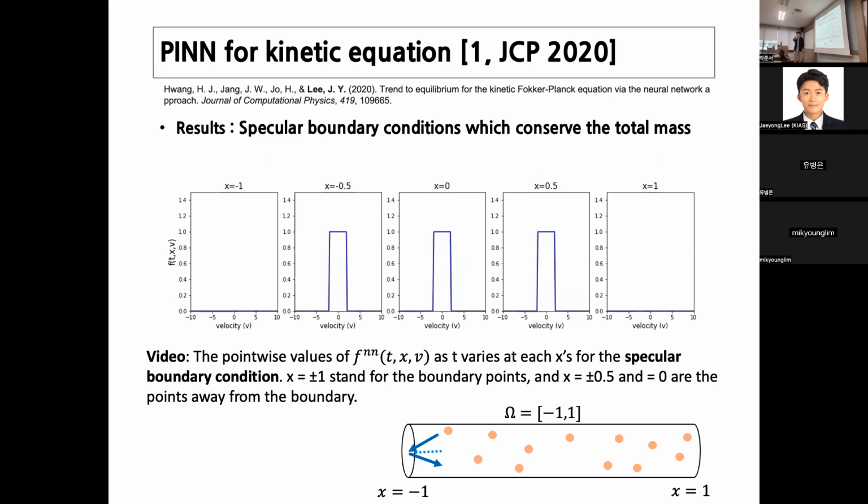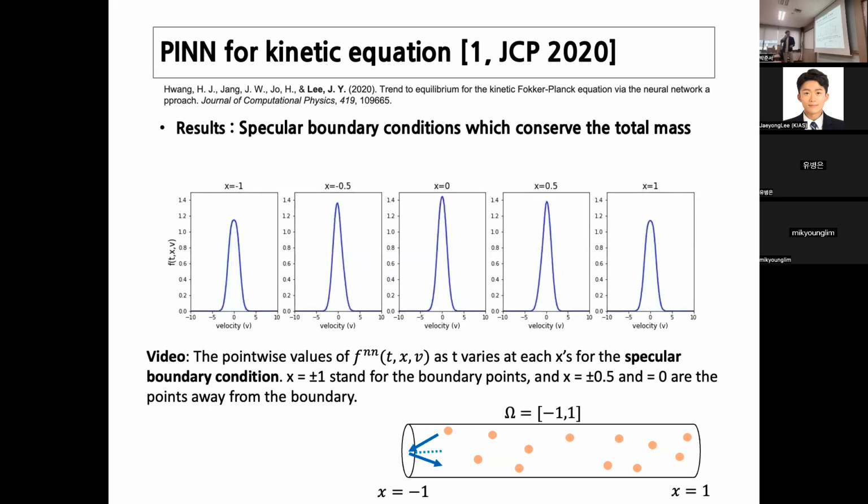So as time goes to infinity, all positions will go to this Maxwellian shape. So it shows that the PINN for kinetic equations works well, which is consistent with this theoretical evidence.